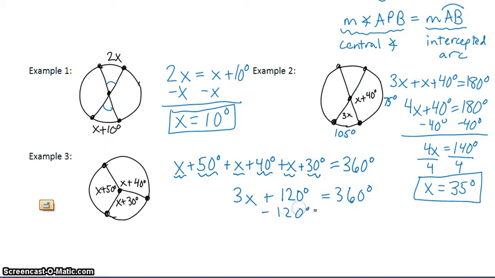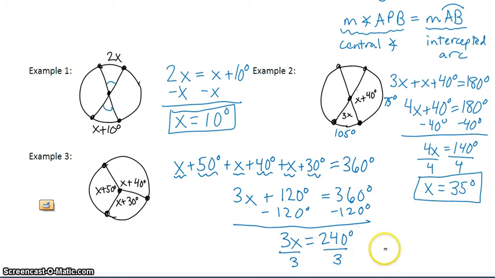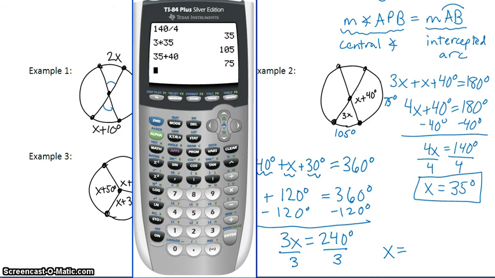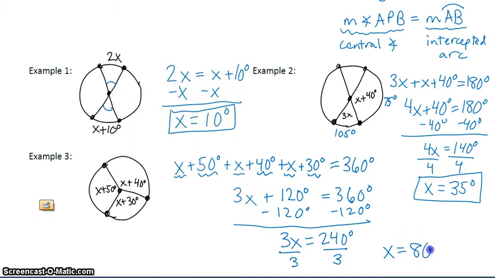Undo what's happening to x. 240 divided by 3 equals 80 degrees. So this angle is 80 plus 50, or 130 degrees, and this angle is 80 plus 30, 110 degrees, and this angle is 80 plus 40, 120 degrees.